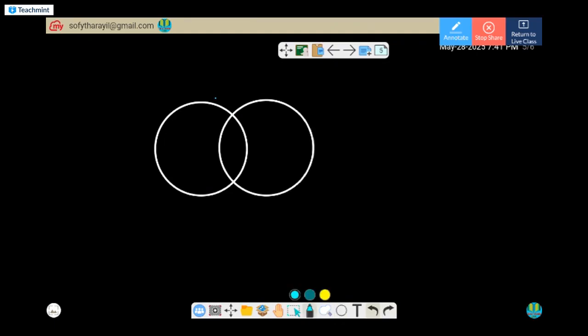This region that you can see is forming a lens, that means they belong to two different spherical structures, and the intersection is going to form a convex lens, correct? Now if I draw a straight line, it will connect the centers of curvature and the optical center.